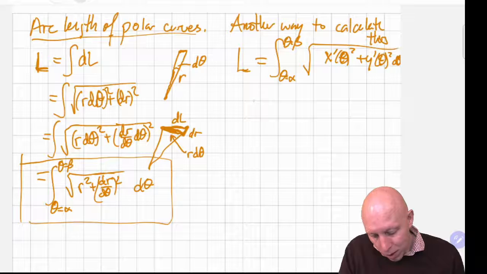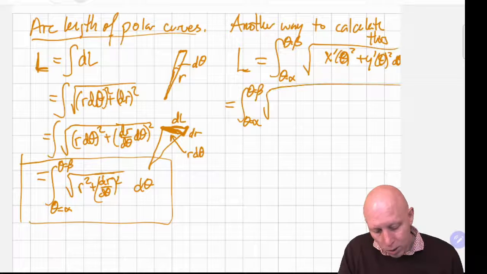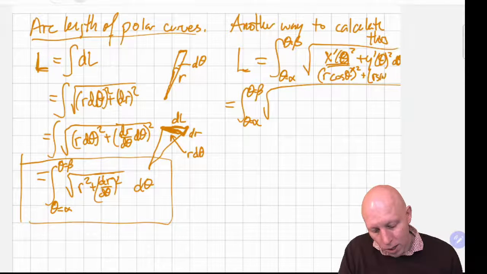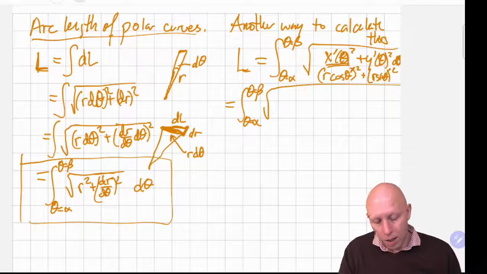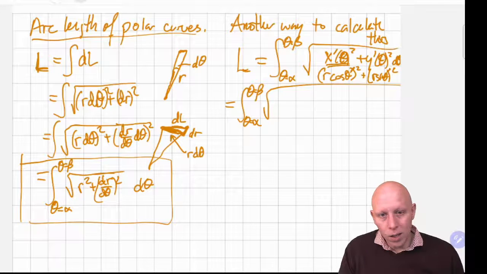So now we have to take the derivative of r cosine theta and square it, and then take the derivative of r sine theta and square it. What's the derivative of r cosine theta?